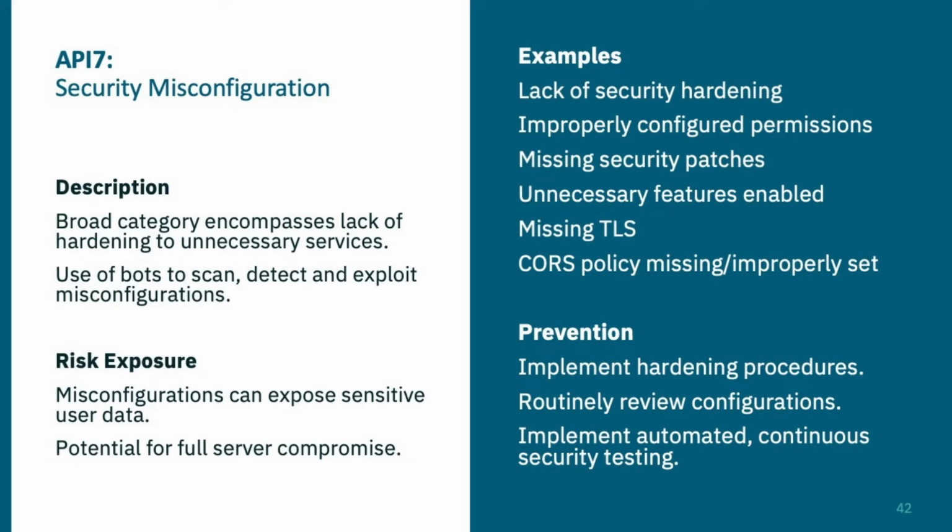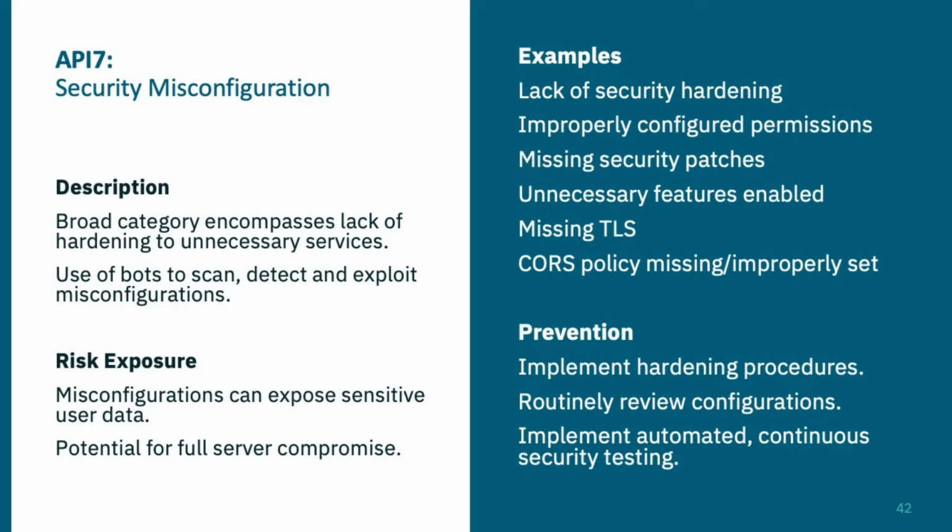So examples are a lack of hardening, so we're not properly hardening OSs and applications. We're not setting permissions properly for the applications, for the cloud services that they use, and the like. Missing security patches on libraries and applications used within our service. Unnecessary features enabled.